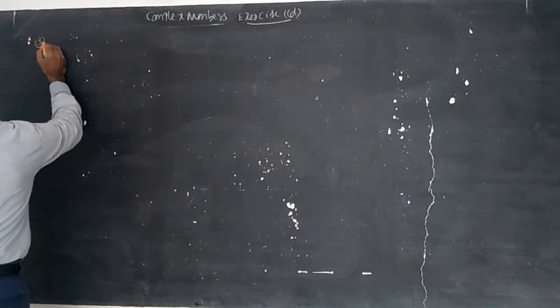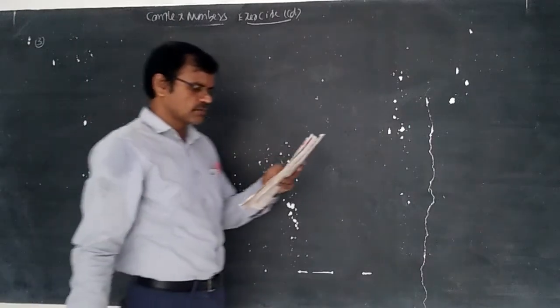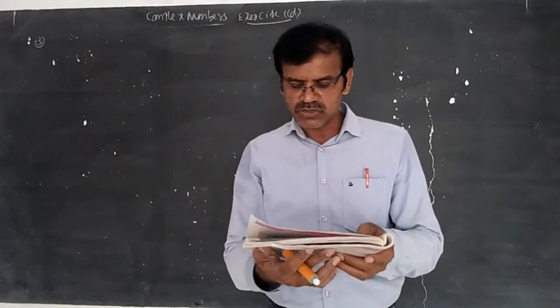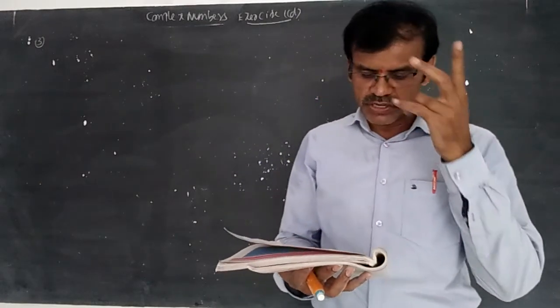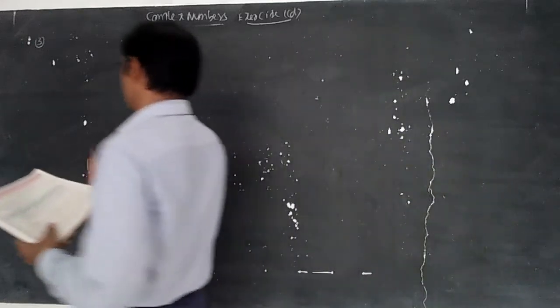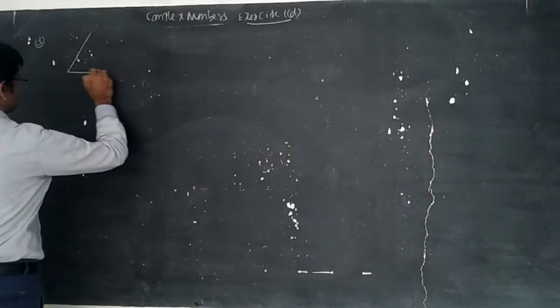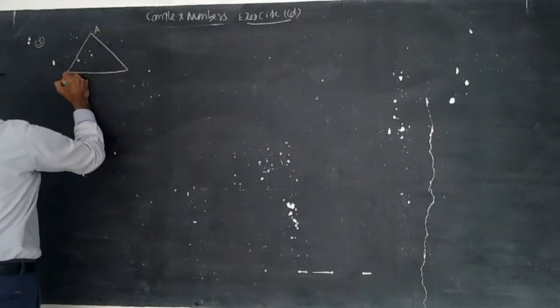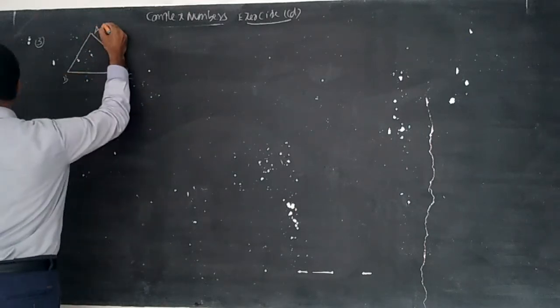Third one: show that the points in the Argand diagram represented by the complex numbers 2 plus 2i, minus 2 minus 2i, minus 2 root 3 plus 2 root 3 i are the vertices of an equilateral triangle. Simply draw a rough diagram and put the names A, B, C.